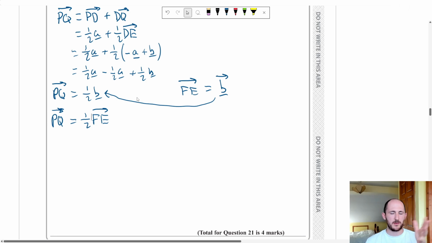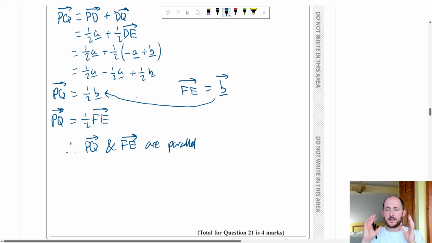So if it was a half B plus half A or whatever, you'd factorize it, then do this. And then I'd say, therefore, PQ and FE are parallel. And that way, you can be super specific and explicit about why those two vectors are parallel.